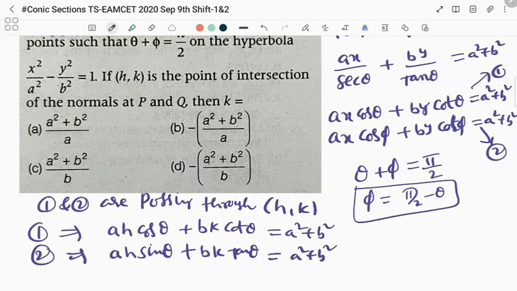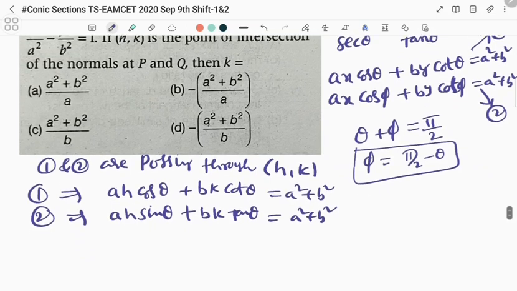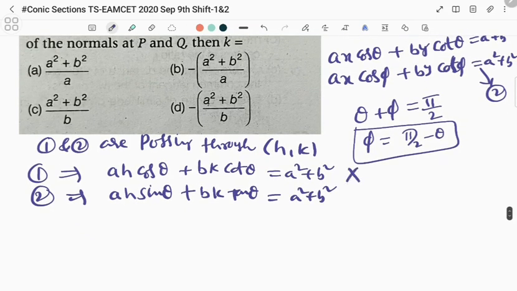So the relation between, I want to eliminate the value of h. So this equation multiplying by sin theta, I want to eliminate h value they are asking here, then k is equal to, multiplying by sin theta, this equation multiplying by cos theta.